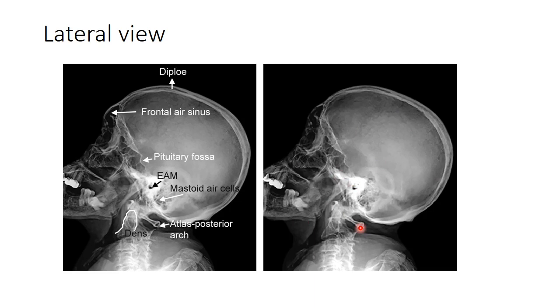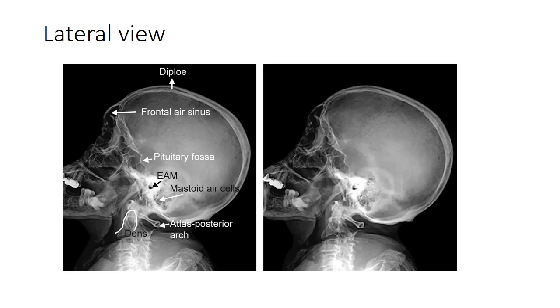Then we have the external acoustic meatus right here in the petrous part. This is the petrous part of the temporal bone. Then we have this radiolucent, filled area, that is your mastoid air cells.